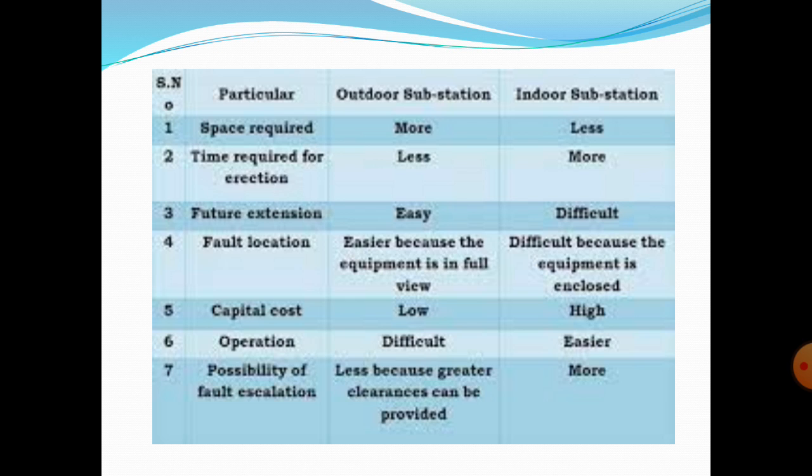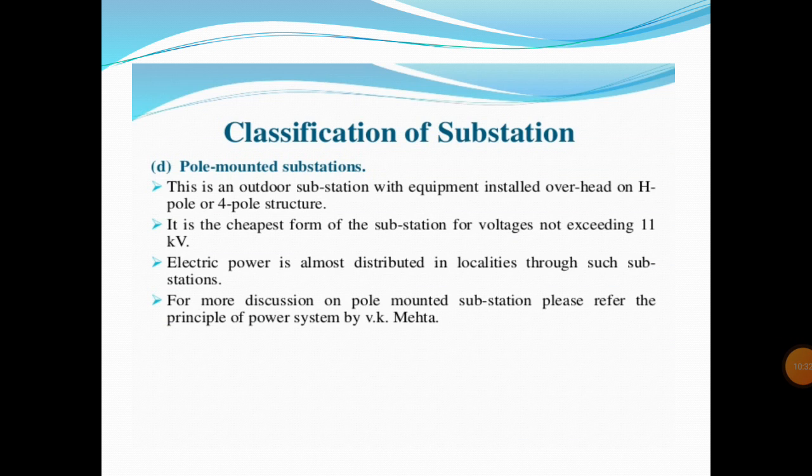But the main thing is future extension. Future extension means the next level of the substation. For outdoor substations, future extension is very easy, but for indoor substations it is very difficult. And next one is the final classification, pole mounted substation.